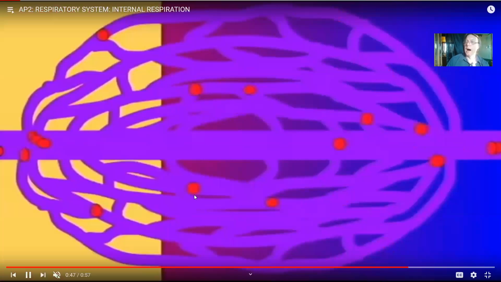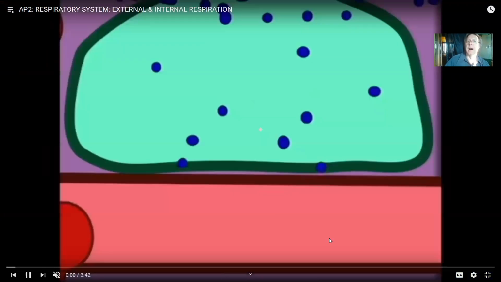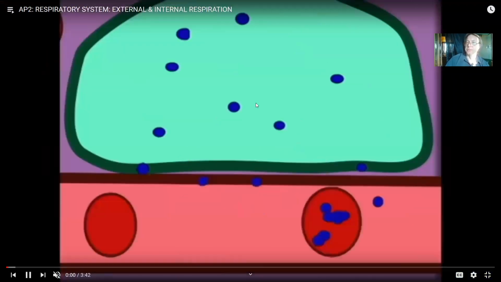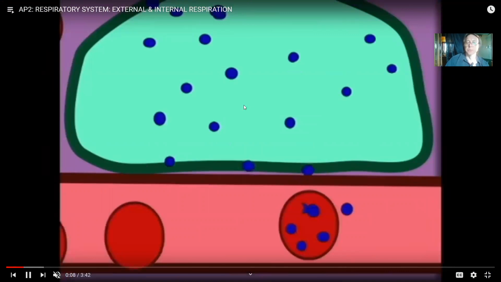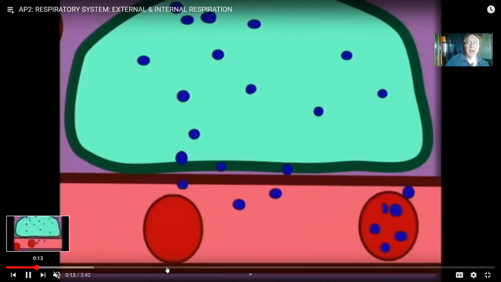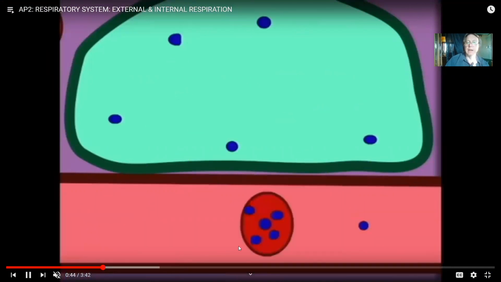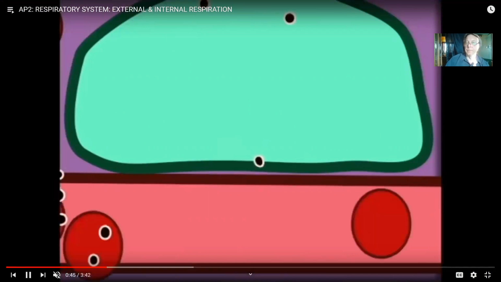And so there are two steps after pulmonary ventilation. In one, called external respiration, there's a gas exchange between the air sac and the blood. Here we see oxygen going into the blood in external respiration, while at the same time carbon dioxide is leaving the blood.